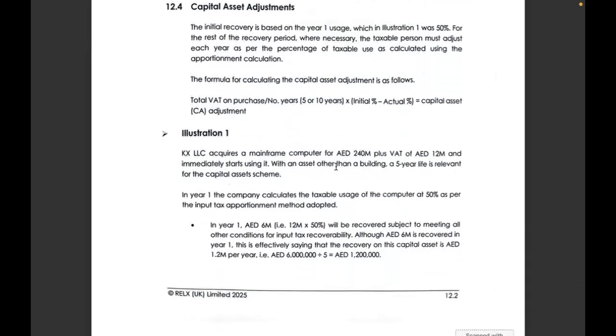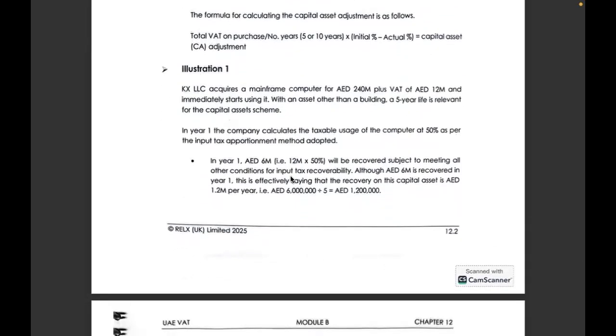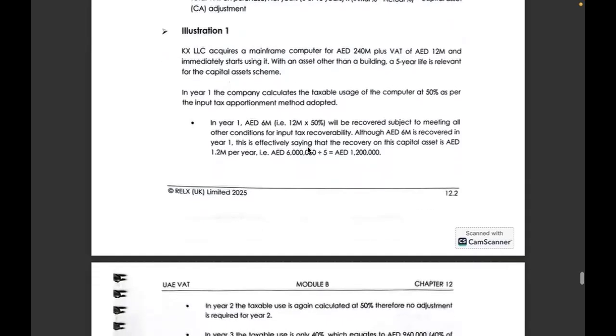With an asset other than a building, a 5-year life is relevant for the capital asset scheme. Naturally, this is not a building, so 5 years will be applicable. In year one, the company calculates the taxable usage of the computer. In the first year, taxable usage of the computer is 50%.